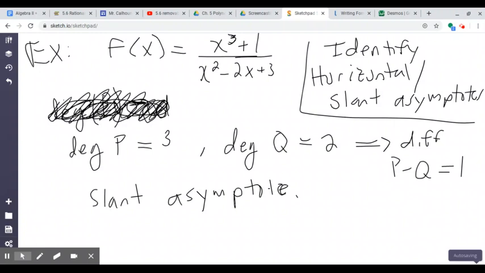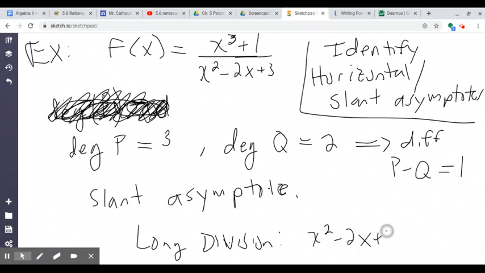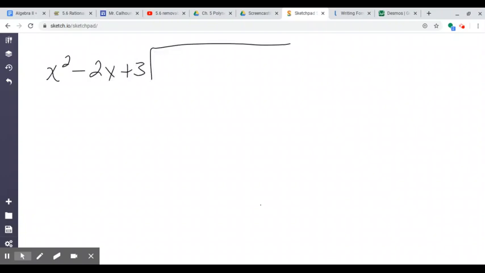And in order to determine the slant asymptote, we have to do long division such that we are dividing x squared minus 2x plus 3 into x cubed plus 1. Okay. So I'm going to go to the next page and actually perform the long division.